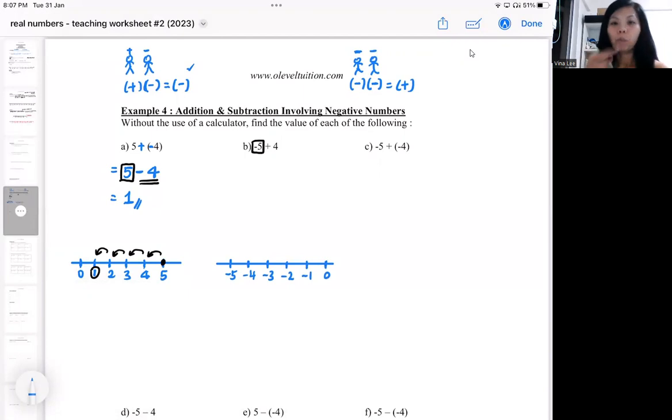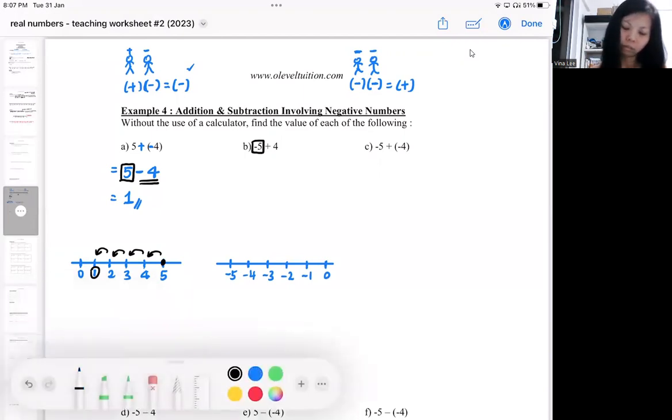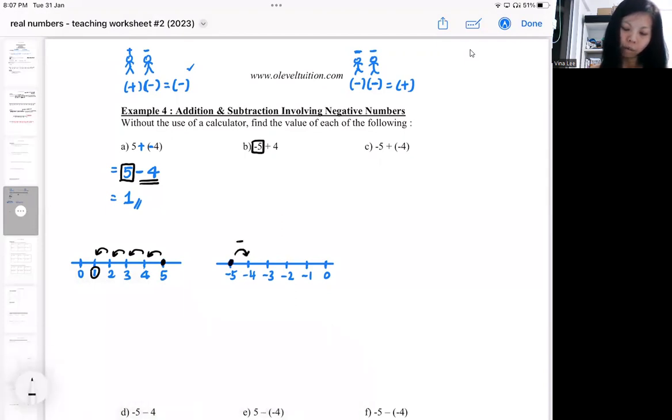Okay, so when you do a plus 4, you are jumping forward. So from minus 5, you jump forward 4 times. So that's how I got it. The correct answer is actually minus 1.